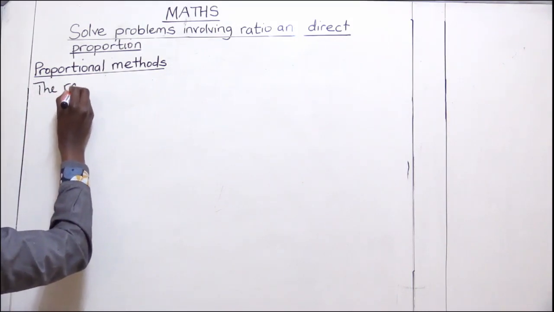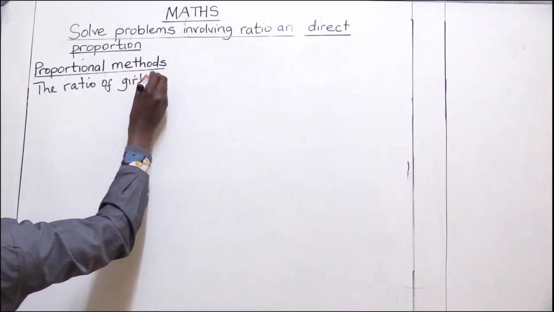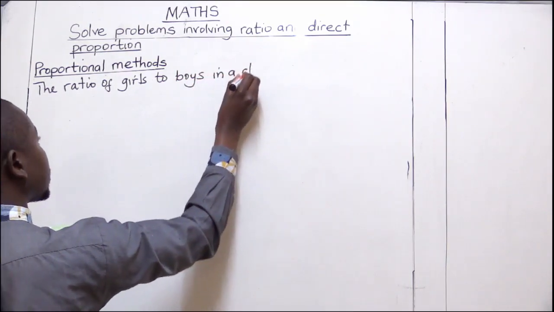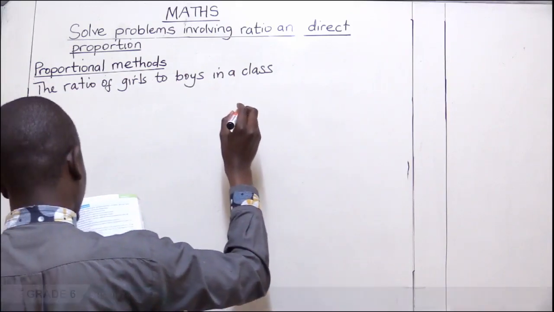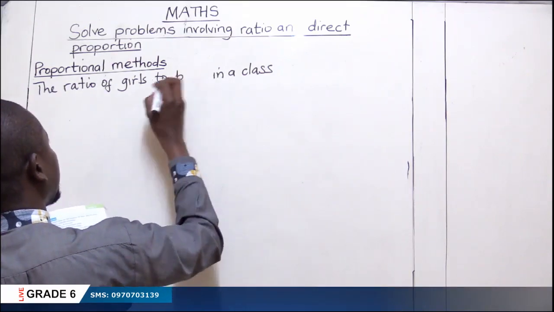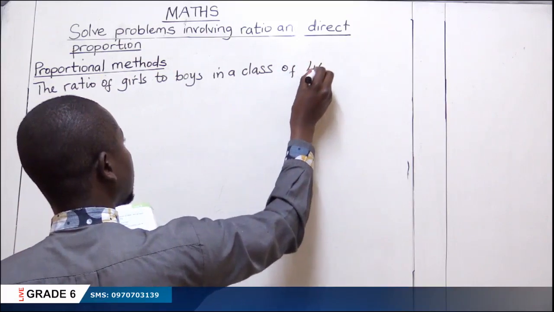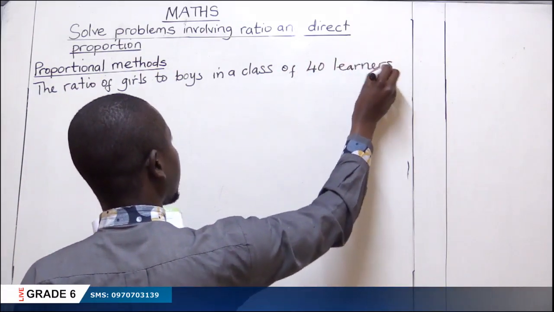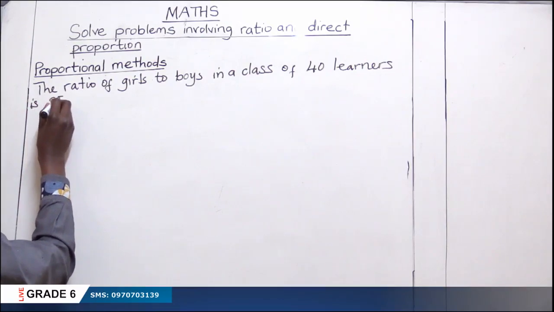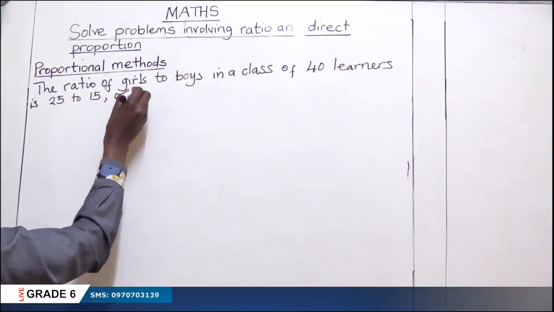The ratio of girls to boys in a class of 40 learners is 25 to 15.